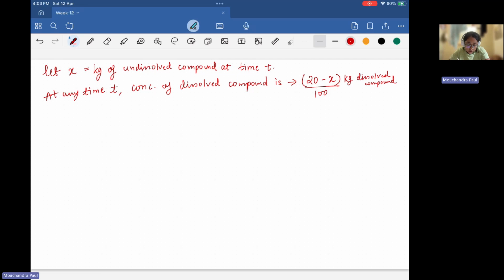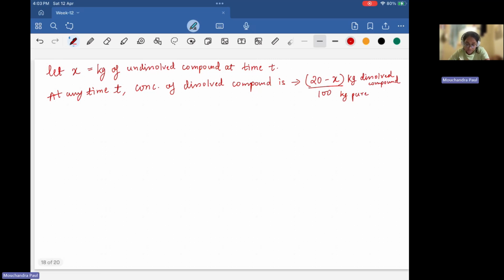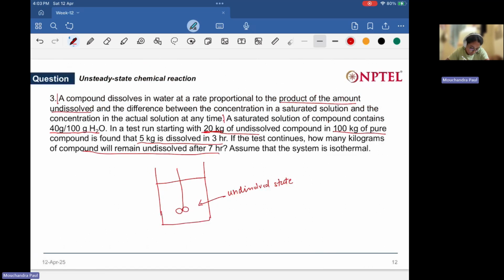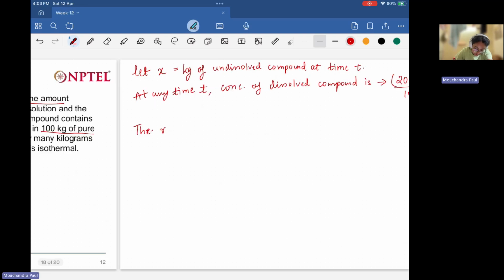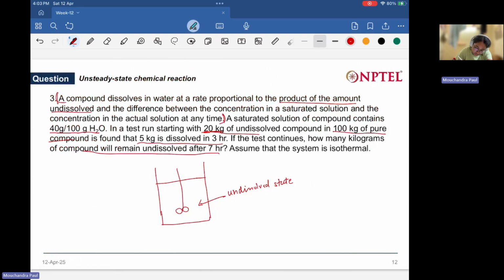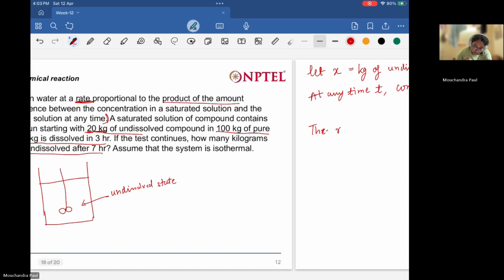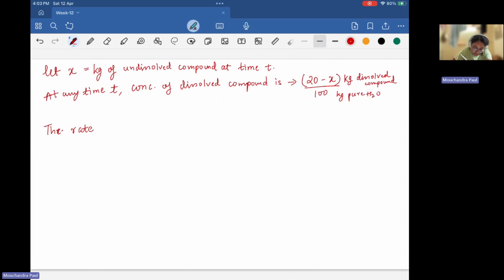So total minus X tells us how much is already dissolved, by 100, which is the kg of pure water. So what is the rate of dissolution? The first statement in the problem gives us information about the rate of dissolution of the compound.